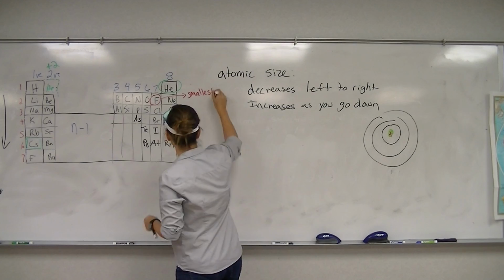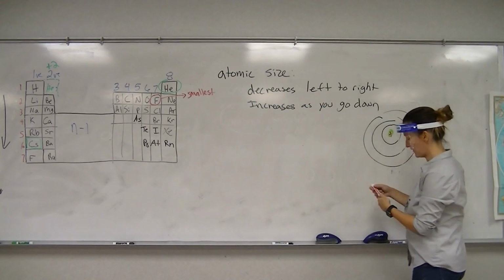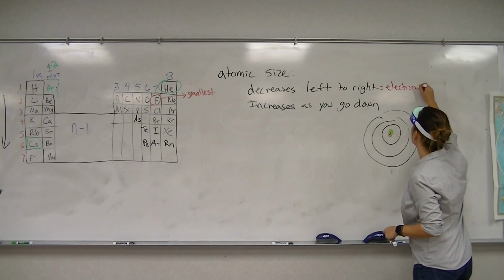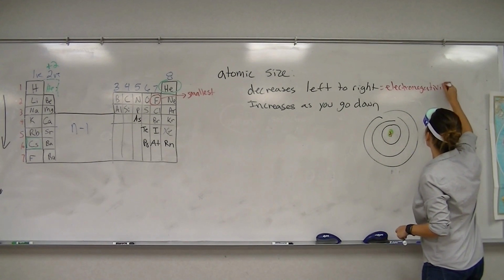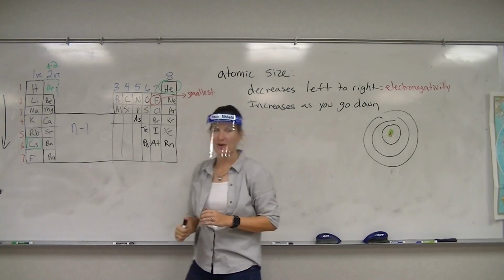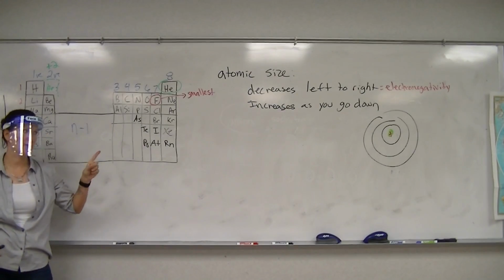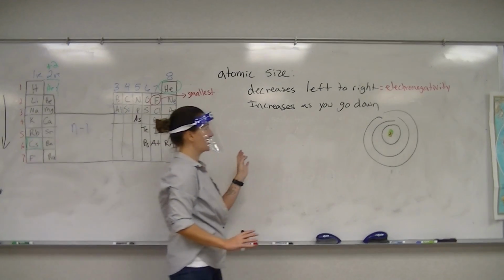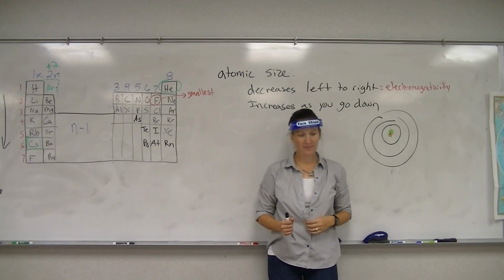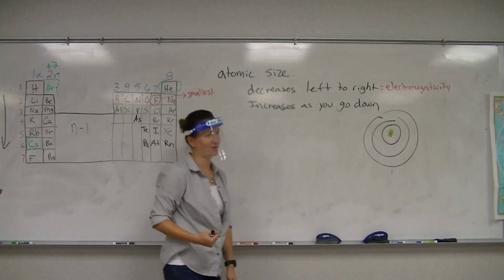Okay, why? Well, first off, the reason it's decreasing from left to right is because of electronegativity. And that's actually one of the trends on the PowerPoints. And electronegativity is going to be a big topic in Chapter 3, so we're just introducing it now. What electronegativity is, it's the atom's desire for an electron, how much it wants an electron.